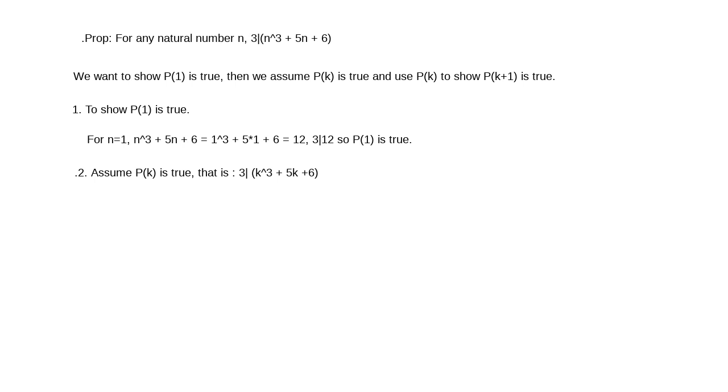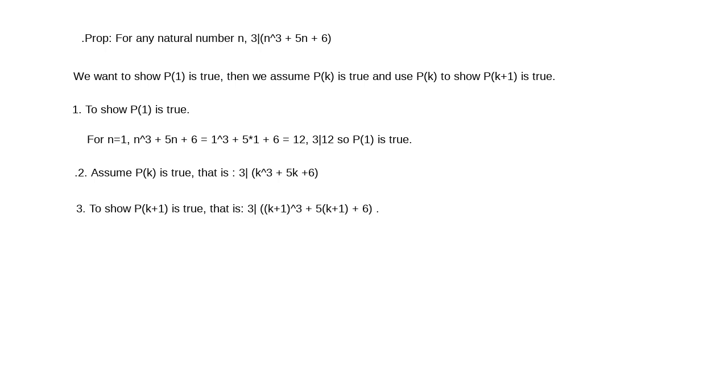Okay, we want to put step 2 into use in step 3. So we want to show P of k plus 1 is true. That is, 3 divides (k plus 1) cubed plus 5 times (k plus 1) plus 6.